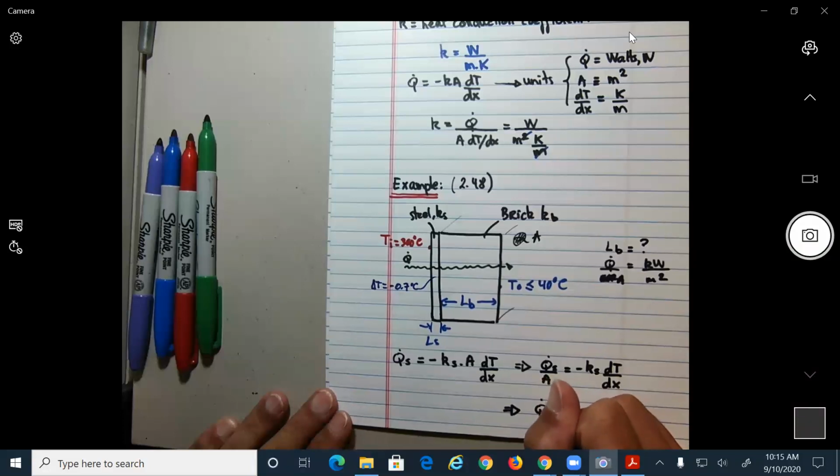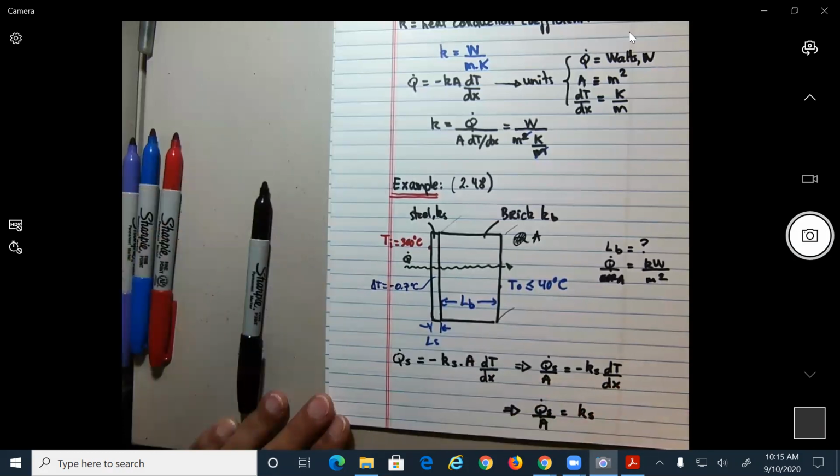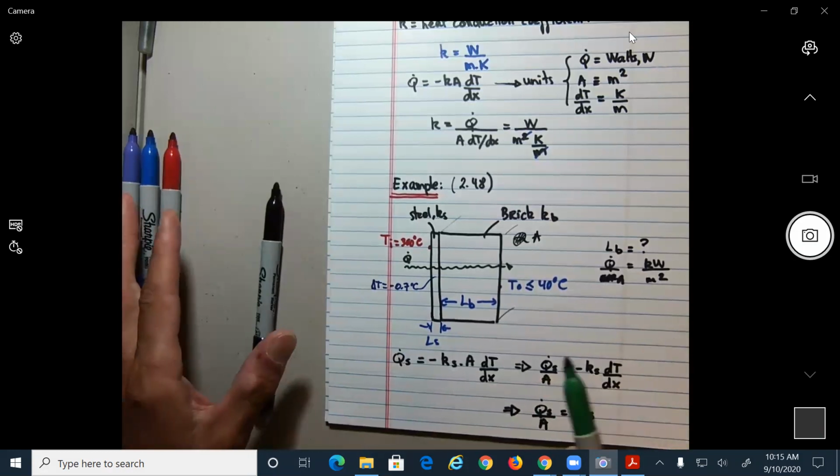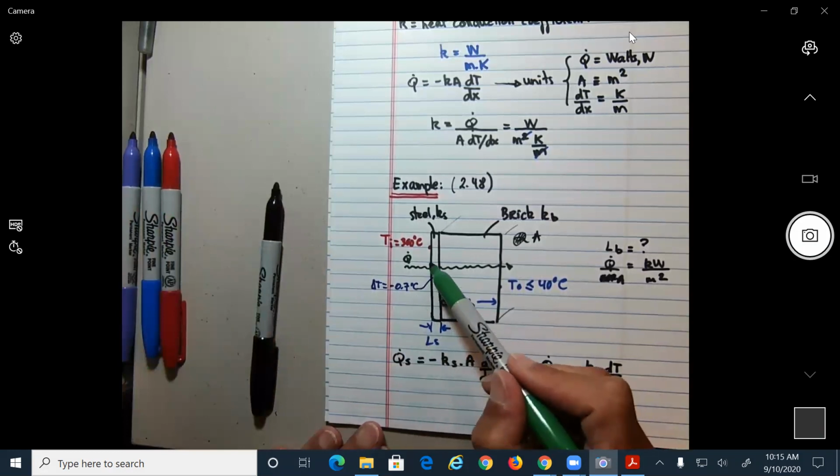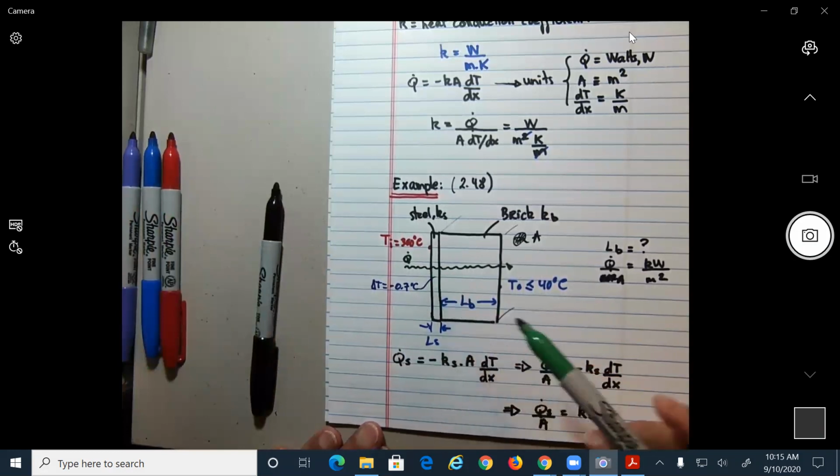So Q sub S over A should be equal to K sub S, I'll give it positive now, times what should be dT dx? The temperature gradient per unit thickness going through the steel. We know it's negative, so what is this value?